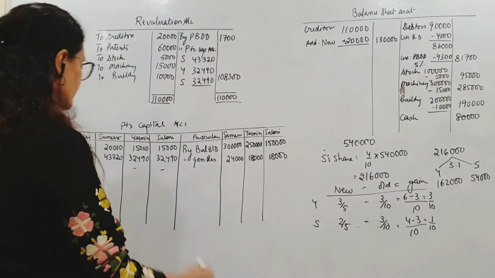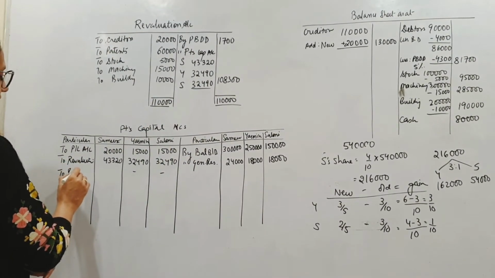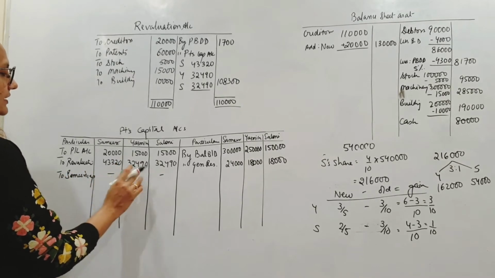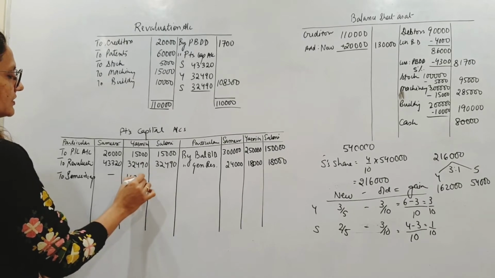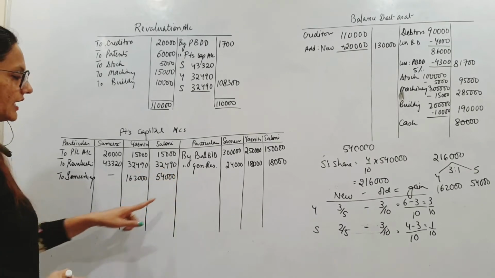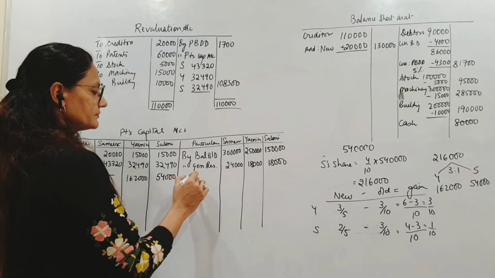So let us debit first Yasmin and Saloni, to Samir's capital. I will debit Yasmin 1,62,000 and Saloni 54,000. I have debited the partners' capital. Now I will have to credit Samir's account.